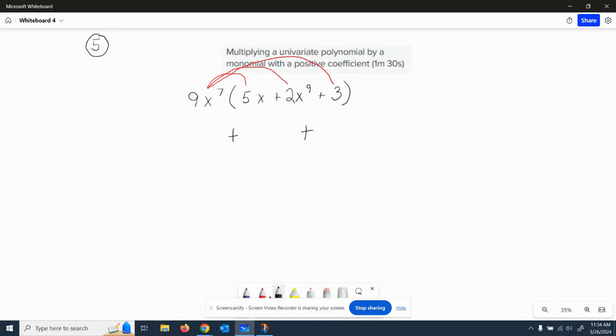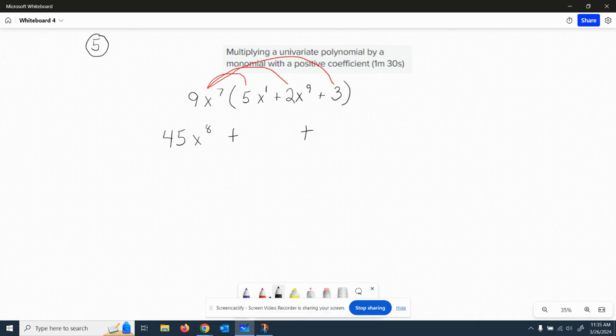So the first one is 9x to the 7th times 5x. First, take care of the coefficient. 9 times 5 is going to be 45. X to the 7th times x, which you can put your little 1 down there if you want. 7, 1, we add those together. That's x to the 8th.